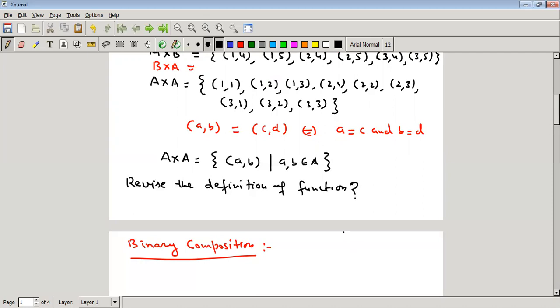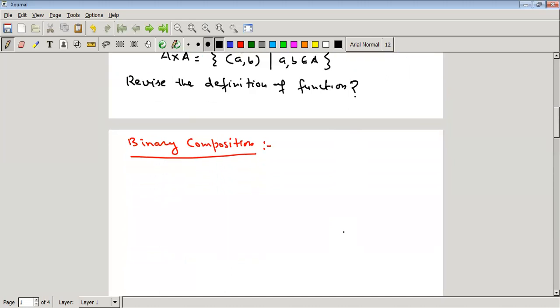These are the preliminary parts for algebra. If you are confident that you know the definition of function and Cartesian product well, then the definition of binary composition and other definitions of algebra become easy to understand for you.